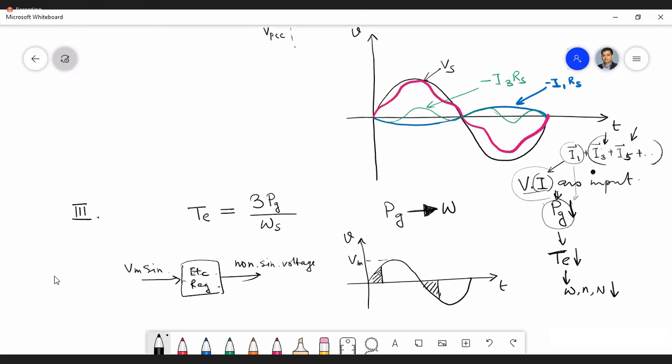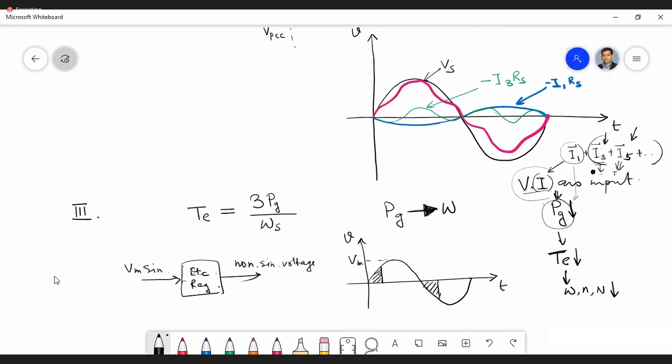And always there will be a difference in current and voltage value. And what you will get is a reduction in the torque and speed. Okay, so that means you will have other torque, for the third harmonic, you will get some torque contribution. For the fifth harmonic, you will have some torque contribution, but those torques will not be as effective as the fundamental.